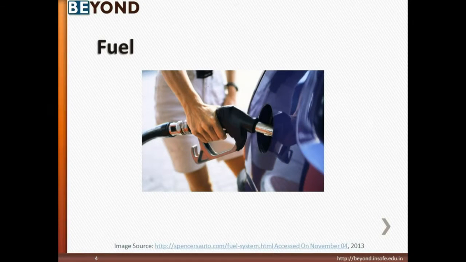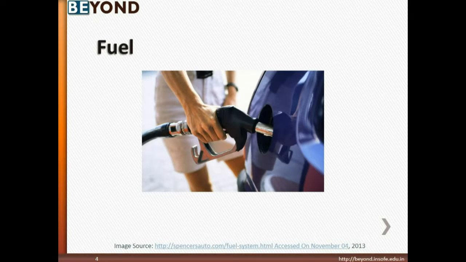Now let's look at what else. Fuel. This family started a long journey, so they must have filled their tank, and a typical mid-sized car carries with it 50 liters of petrol.